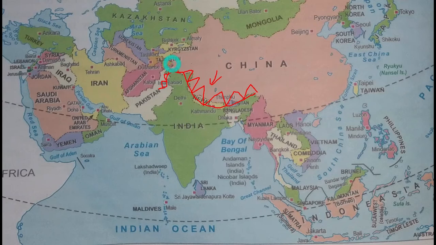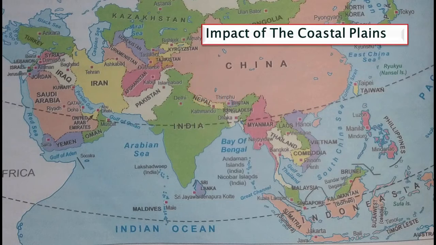Now let's move towards the next factor, that is the impact of coastal plains. As you can see in this map, the area from the Rann of Kutch of Gujarat towards the area of West Bengal comes under the coastal plains.